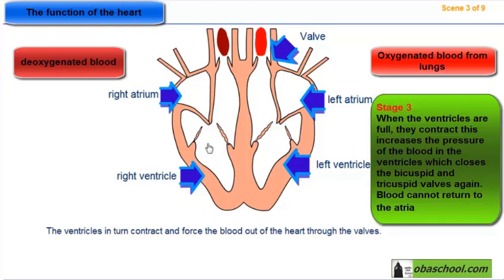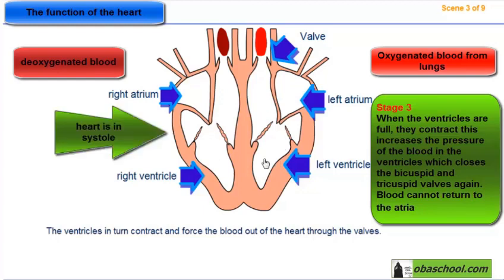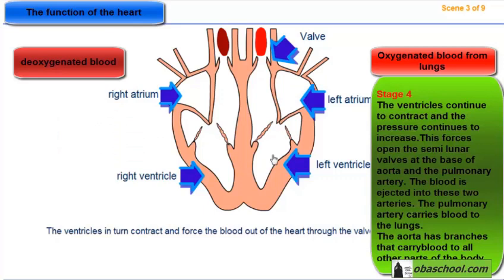So now, after the blood has collected in the ventricles, they are going to contract, and this high pressure is going to force the heart into systole again, into contraction. So here, the semilunar valves open, and now the oxygenated blood, instead of being in the left ventricle, is in the aorta, and the deoxygenated blood, instead of being in the right ventricle, is now pushed towards the pulmonary artery.